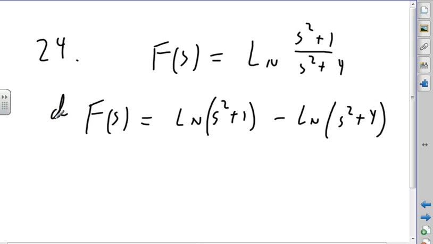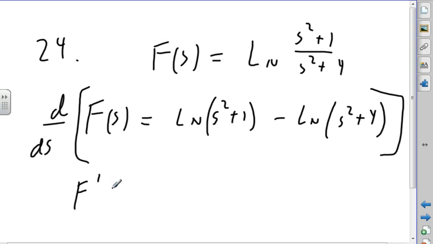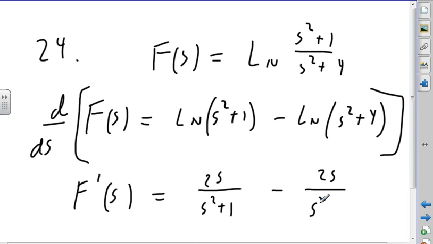Then we'll take the derivative of both sides and say f prime of s is equal to 2s over s squared plus 1 minus 2s over s squared plus 4.